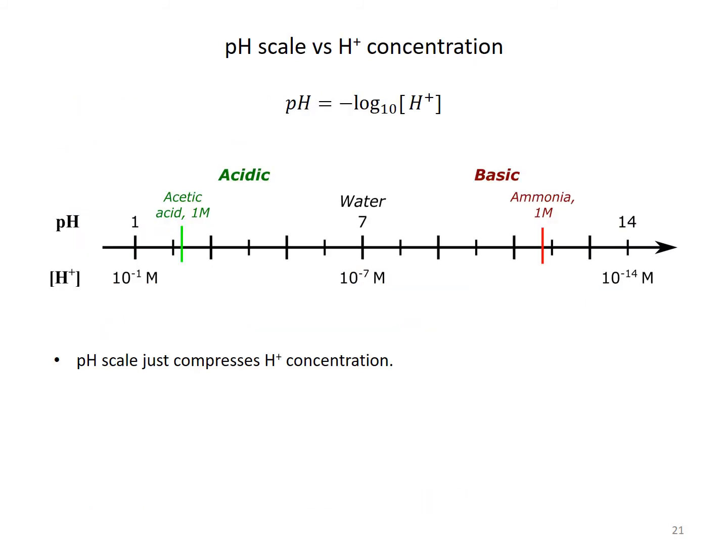Now let's come back to our pH scale. Remember, pH is defined as negative log H positive. And as I explained earlier, that could be a wide range from 10 to the power of negative 1 down to 10 to the power of negative 14. So to compress this scale, we use log with a base of 10.